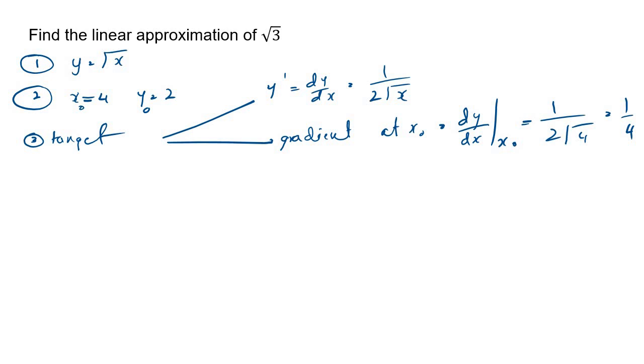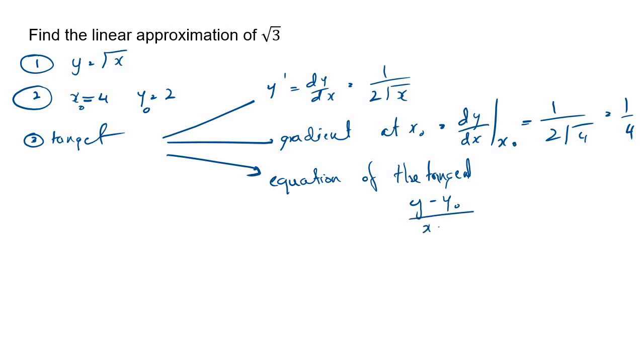Next thing is we write the equation of the tangent. y minus y0 over x minus x0 equals dy over dx at x0.